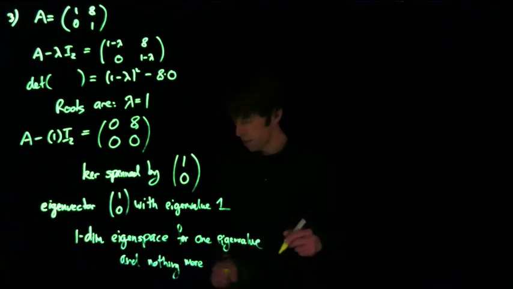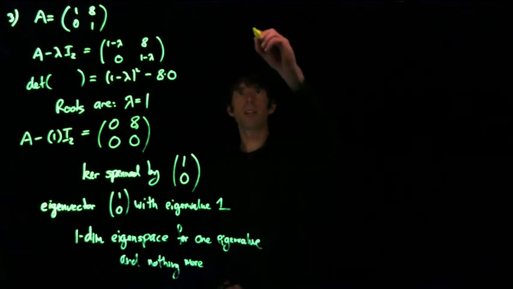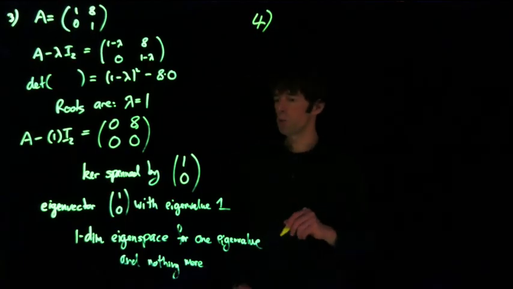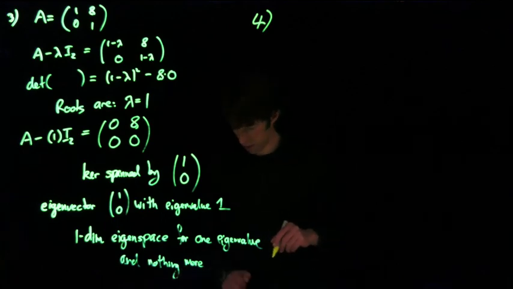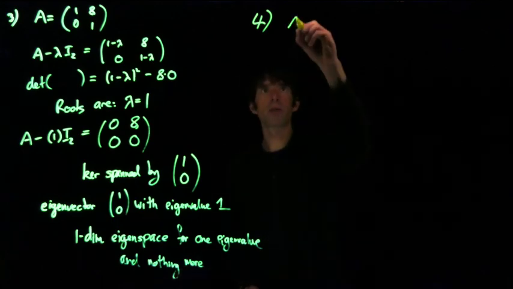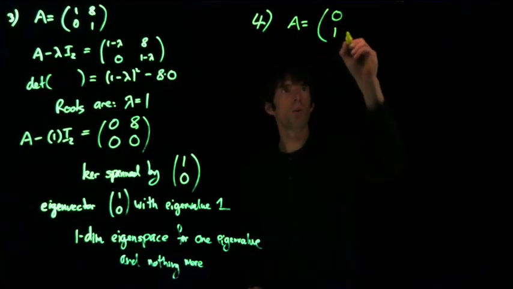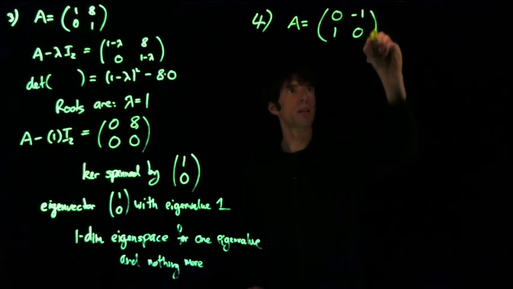Let me do one more quick example here, and this shows some interesting phenomena, which is you need to pay attention to real versus complex numbers. So let's consider the matrix A given by 0, 1, minus 1, 0.